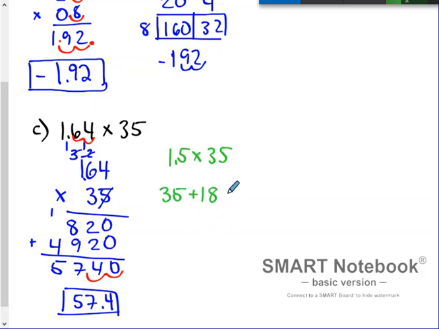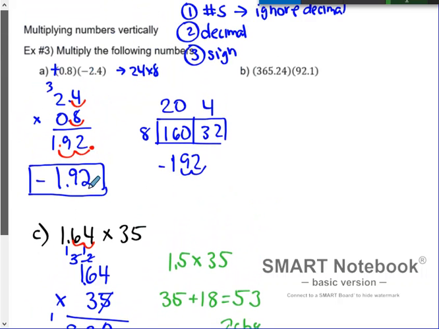Okay, so if I do 35 plus 18, I get a number that's going to be close to 53, right? So 53, 57.4, those numbers are close. Now, if I got something that was like 500, I know that I probably did something wrong. If I got a number that's like 5, maybe I moved my decimal places over too much. 5 is not close to what I am estimating.